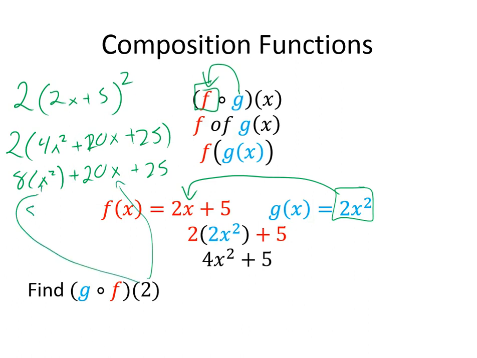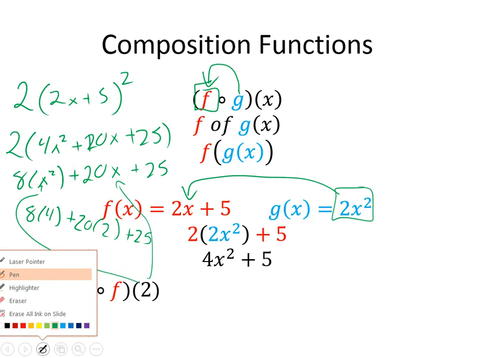Okay, which gets you 8 times 4 plus 20 times 2 plus 25, which looks like it gets you about a 32 plus 40 plus 25, which will get you 97, about. That's one way of doing it. So you combine everything and then do that.